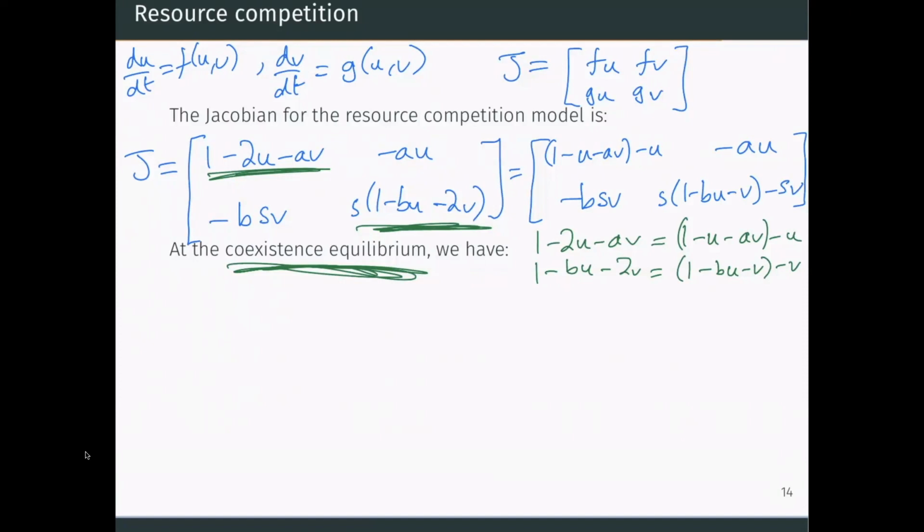That means that if I look at my coexistence equilibrium, which I'll shorten to U star, V star, and evaluate my Jacobian at this equilibrium, so J evaluated at U star, V star, it means that this term here has to equal 0, and this term here has to equal 0.